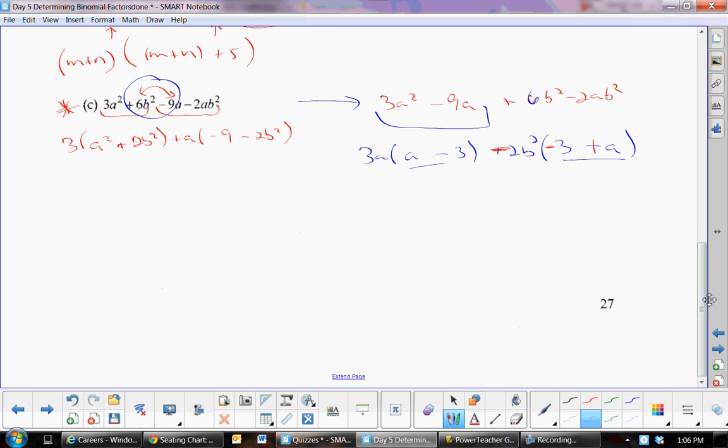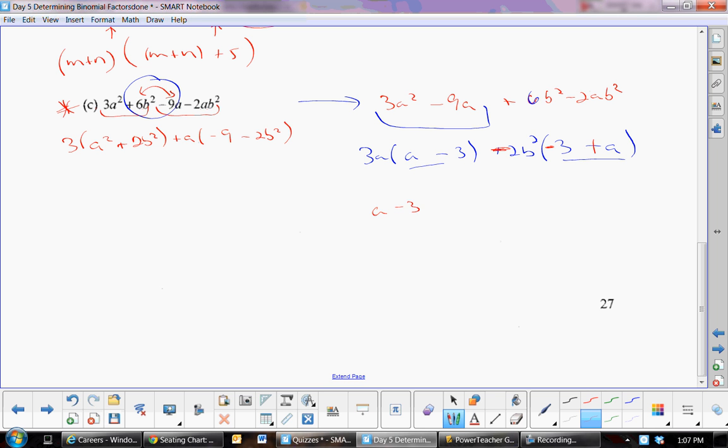Again, people, I know I've been in your spot. You're like, what? How do you know to do that? You know to do that because, oh, I can't go on. I can't do that step, so I will go back and do this. When you get good enough at these things, you learn to be thinking ahead a little bit.